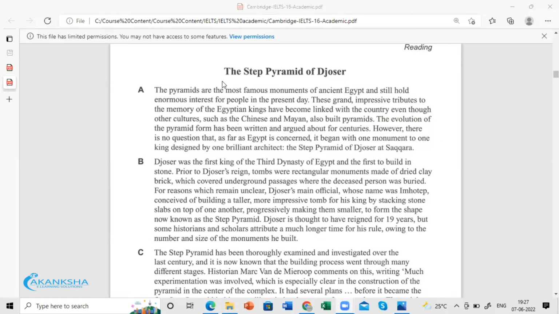But here, the approach is the other way around: we start with the paragraph, then go ahead with identifying the heading. This is a very important aspect of it.